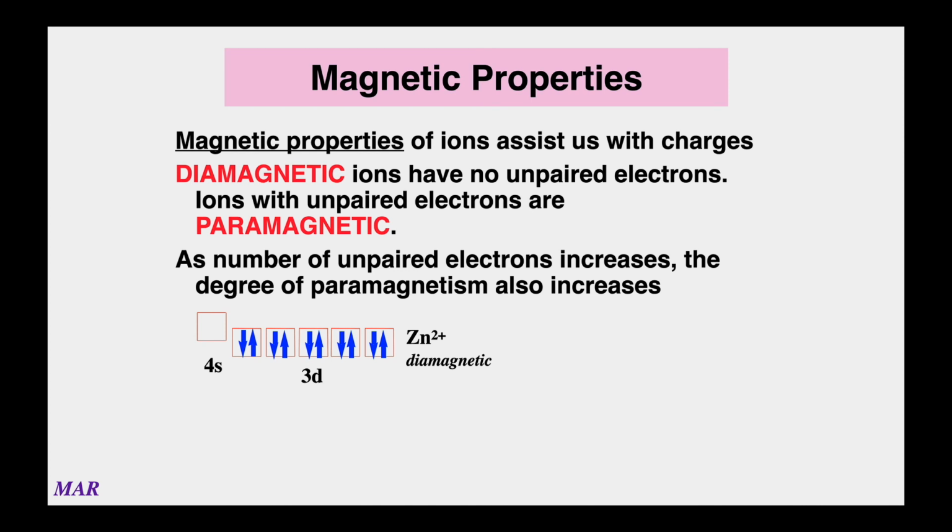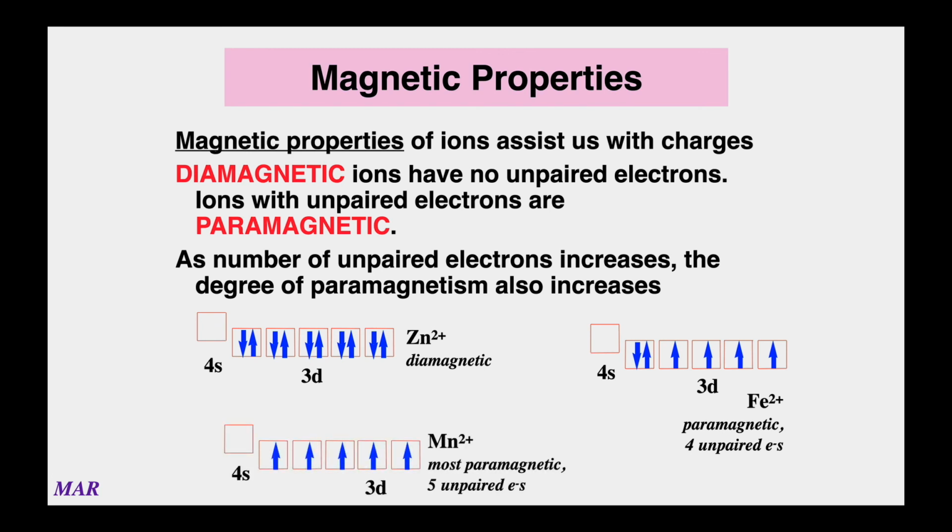All right, so here's zinc plus 2. We're removing the 4s electrons first because highest n before lowest n, but zinc plus 2 is diamagnetic. It has a 3d10 outside of the argon core, totally diamagnetic. On the other hand, iron plus 2 has 4 unpaired electrons, which does make it paramagnetic. Here's an example of manganese 2 plus.